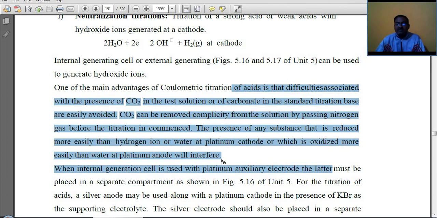Carbon dioxide can be removed completely from the solutions by passing nitrogen gas before the titration is commenced. The presence of any substance that is reduced more easily than hydrogen ion or water at the platinum cathode, or which is oxidized more easily than water at the platinum anode, will interfere.